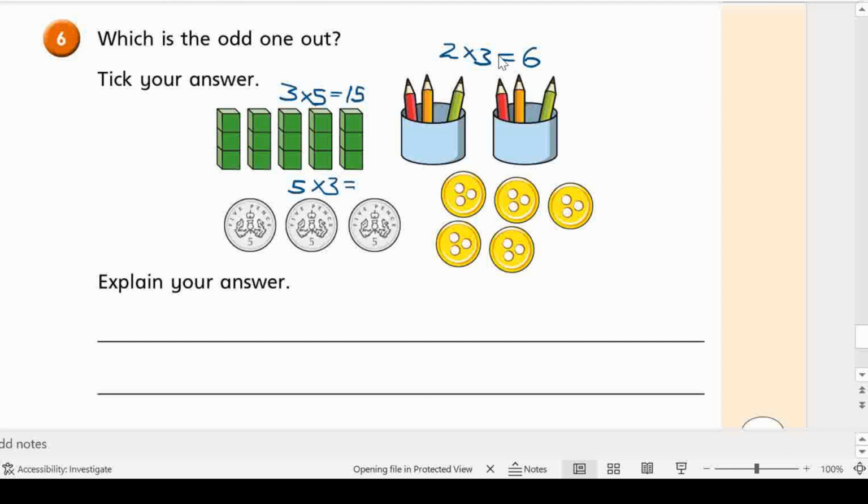And what does that equal? 15. And then here we have how many buttons? Sorry, I didn't hear that, but I'll just write it in. It's 5 buttons. Now, I presume they're counting the number of holes in the button, maybe. I'm not sure, but we'll go with that one. So it must be times 3, which also equals 15. So what is the odd one out? All the other ones are 3 groups of 5.